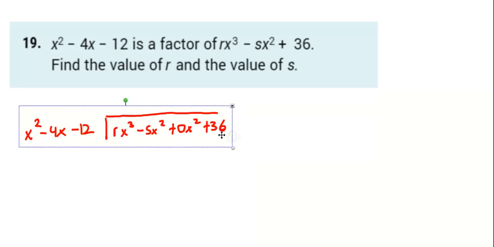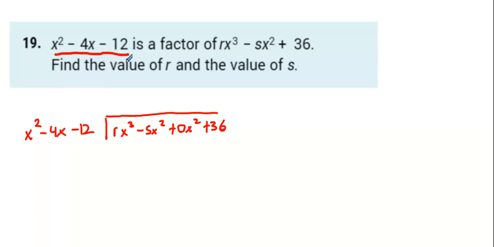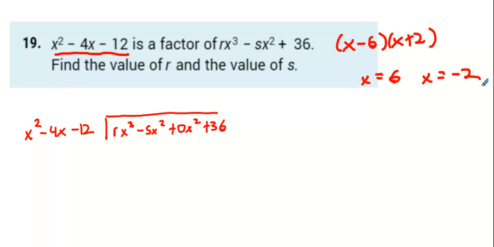Okay, so here's what I suggest. If this is a factor, factorize it. What happens when you factorize it? Would everybody agree with that? And that means that x equals 6 is a root, and x equals minus 2 is a root.